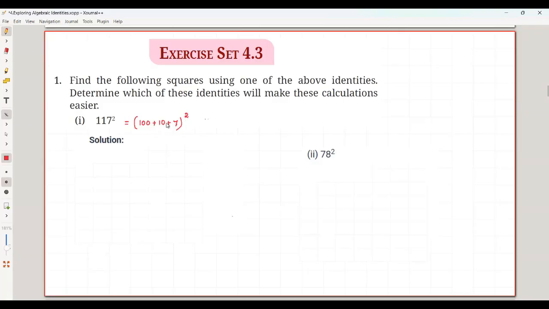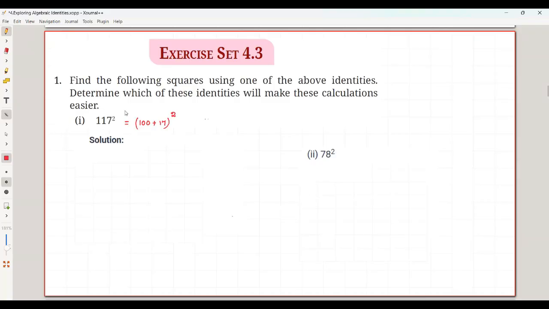But I don't want to use this. We can just write 117 as (100 + 17) whole square. That means you can use (a + b) whole square. Two possible ways there, right? Whichever you feel comfortable with, you can go with.